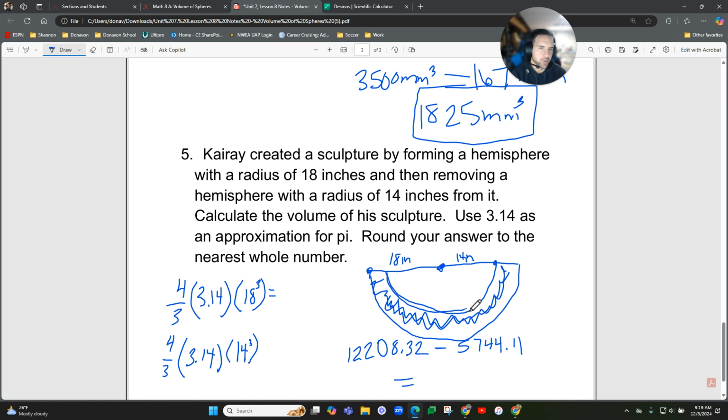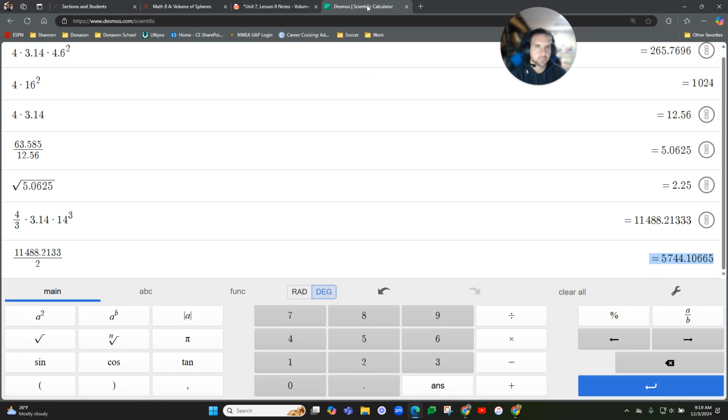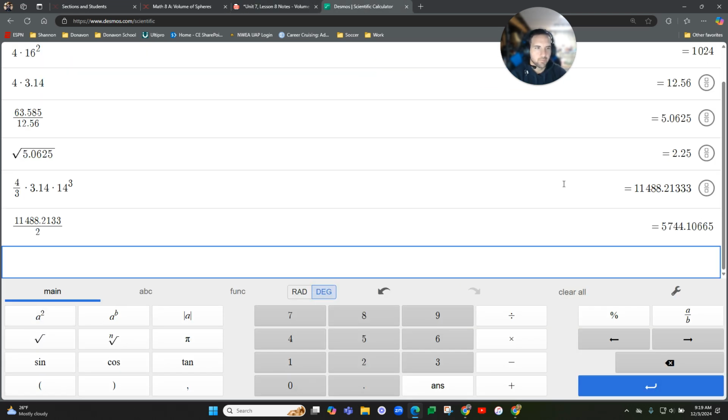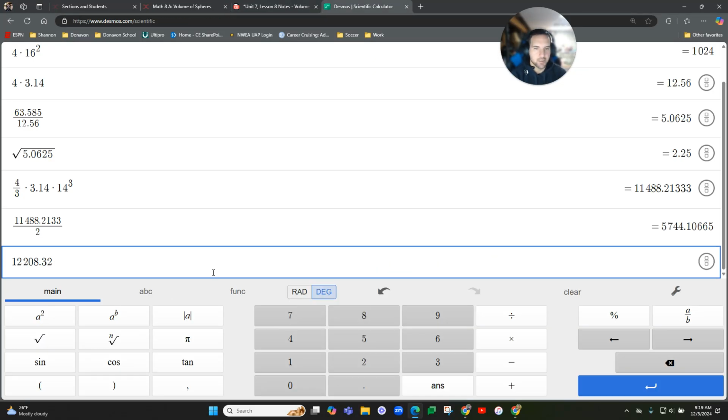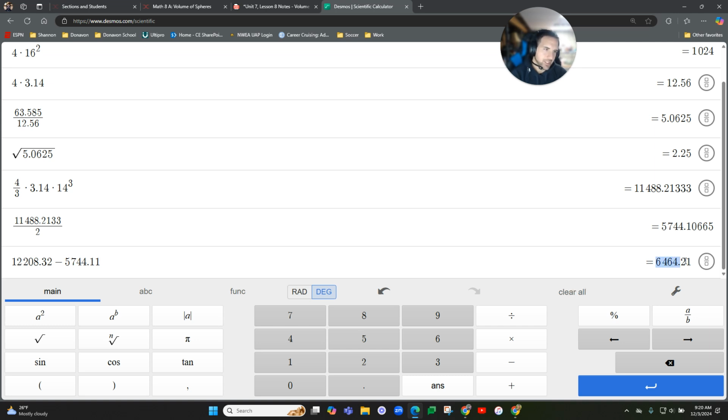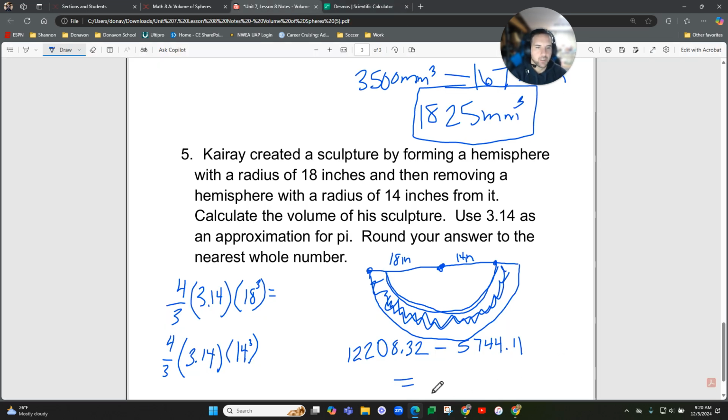So we're left with a bowl, essentially. 12,208.32 minus 5,744.11 gives us 6,464.21. In this case it is cubic inches, because it's still volume.